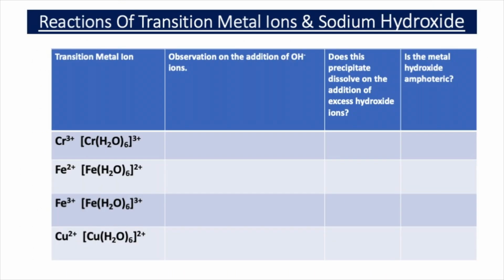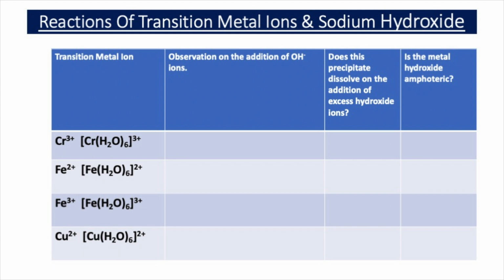Now in the next section of this video, we're going to carry out experiments with aqueous sodium hydroxide. We're going to observe the different colour precipitates that are produced when sodium hydroxide reacts with transition metal ions. And we're also going to see if any of the transition metal hydroxides that we form are amphoteric.